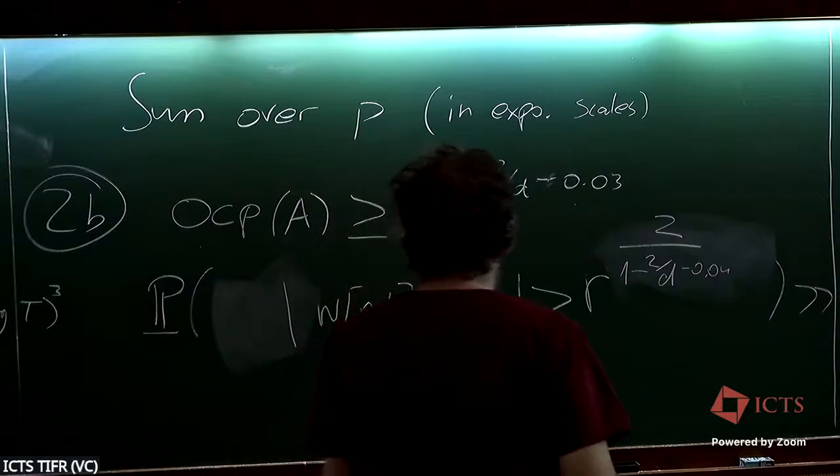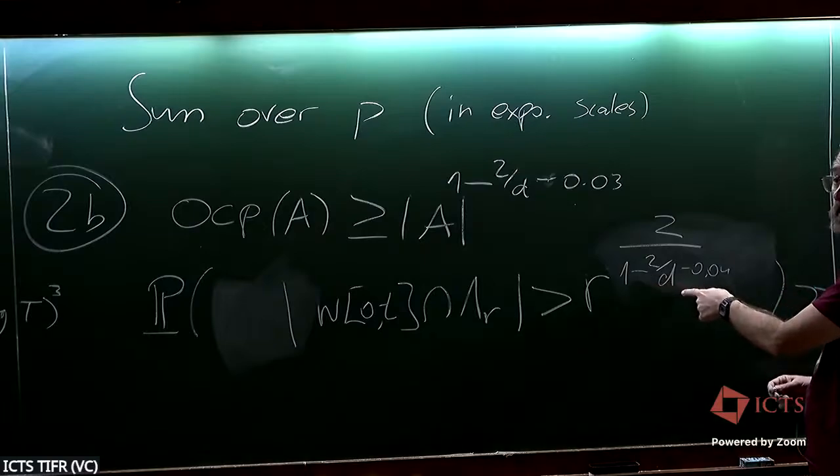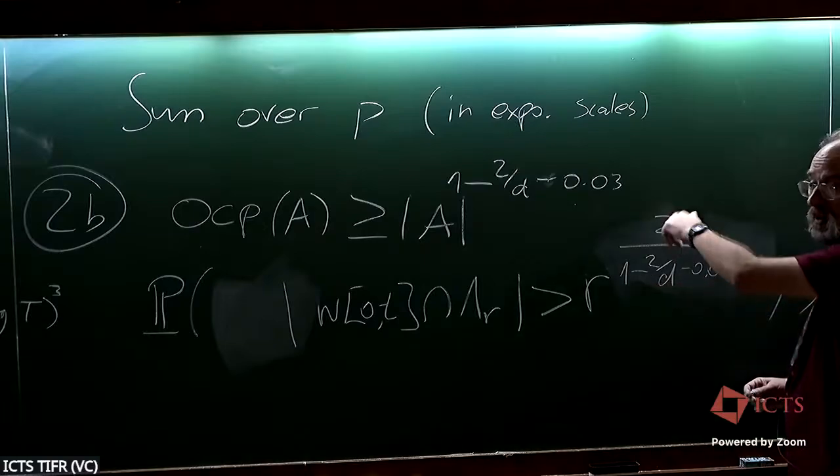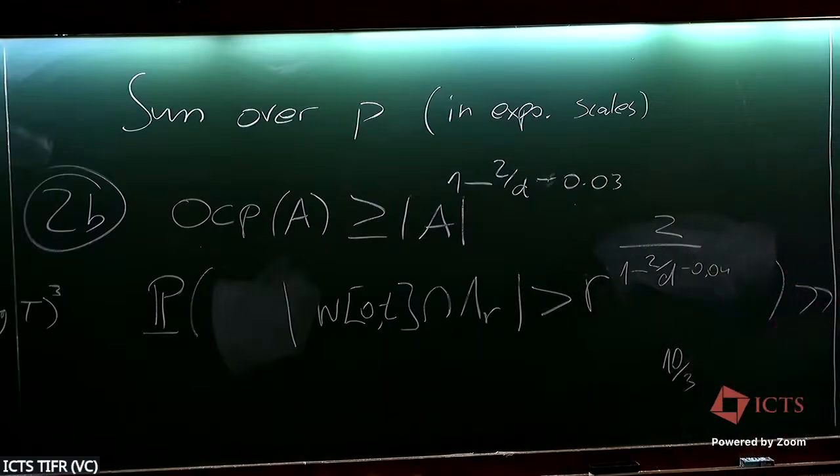If we would do that in 5 dimensions, which is somehow the natural setup for these techniques, what you'd get here is 3/5 plus some error, which would give you a set of size 10/3, which is hittable in 5 dimensions. It's bigger than 3.